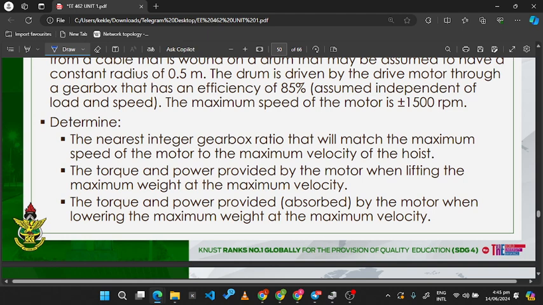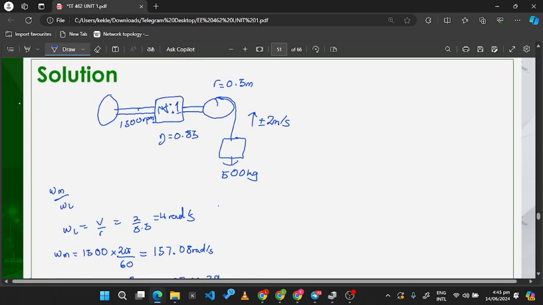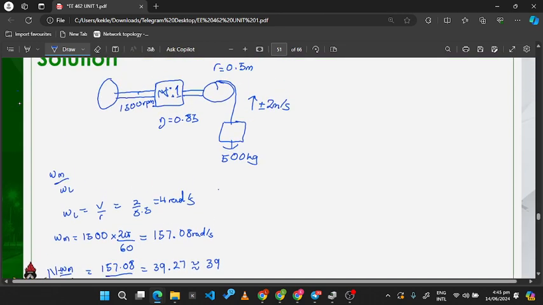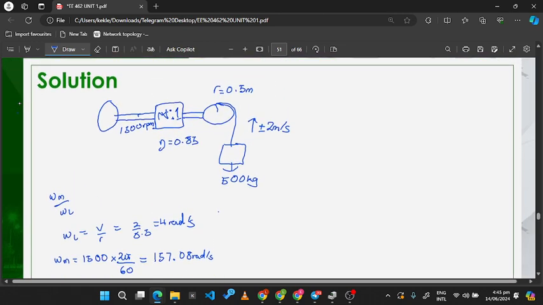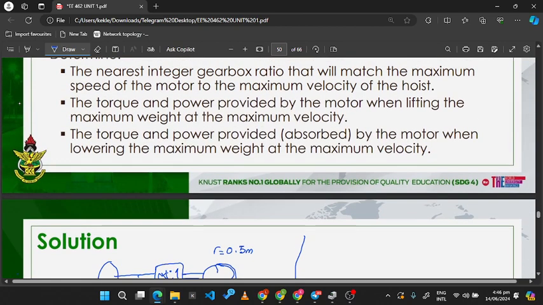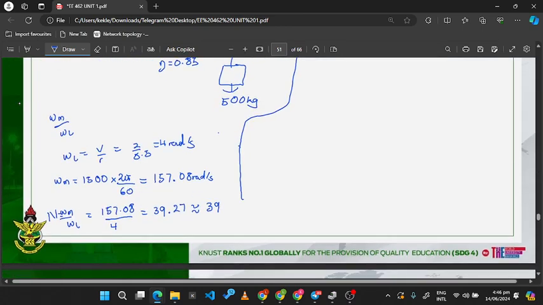And it says the torque and power provided by the motor when lifting the maximum weight. So when we are lifting the maximum weight, the motor is what will be generating power to lift the load, right?